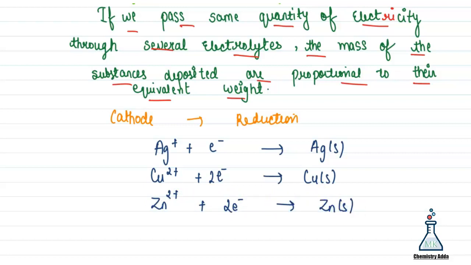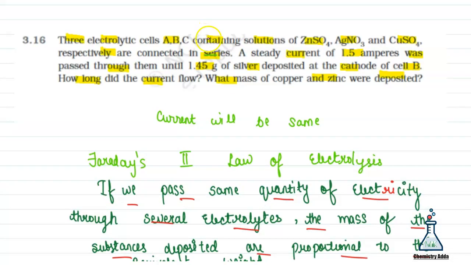As we know, we can write the equivalent weight. Equivalent weight is equal to molecular weight upon n factor. In the given question, silver's mass deposited was 1.45 gram.